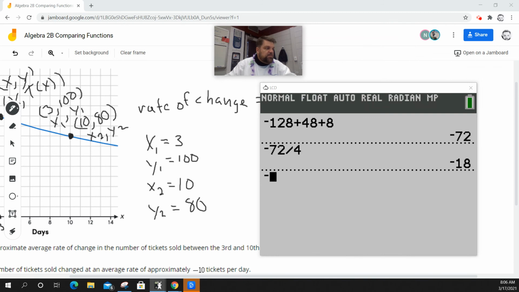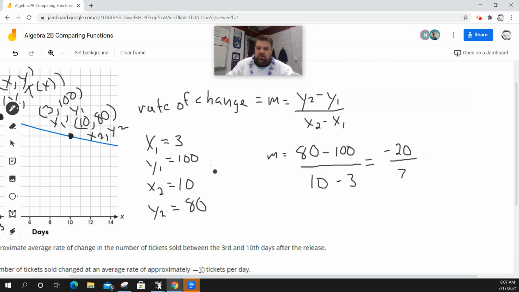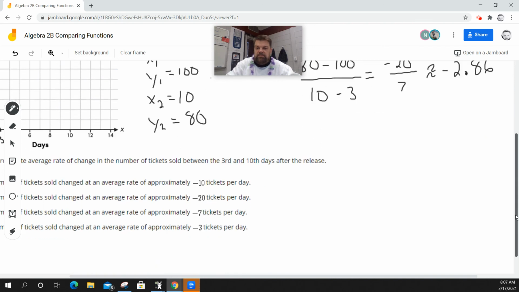If I say negative 20 divided by 7, I'm going to get pretty darn close to negative 3. Okay. So that whole thing's about negative 2.86. I'm sorry, so this is approximately negative 2.86. I could round that up to negative 3.